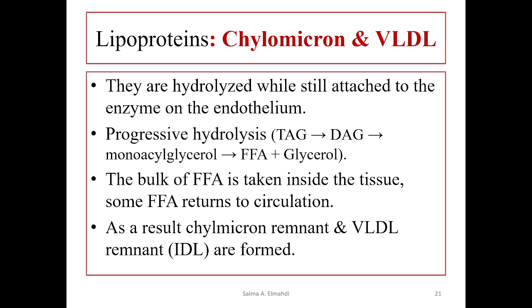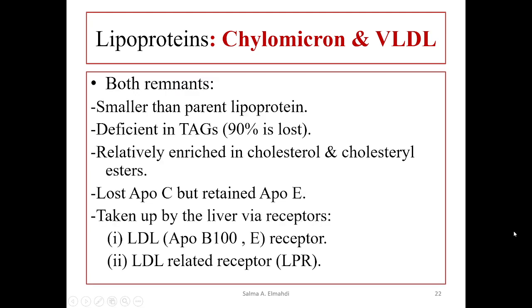As a result of hydrolysis of triacylglycerol of chylomicron and VLDL, chylomicron will be converted to what we call a chylomicron remnant, while VLDL will be converted to IDL, intermediate density lipoprotein, which is a remnant of VLDL. Both remnants are smaller than their parent lipoprotein, and they are deficient in triacylglycerols because 90% is hydrolyzed by lipoprotein lipase.